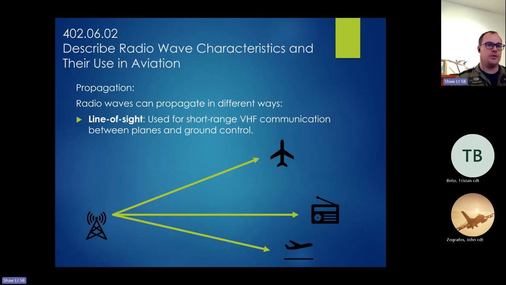Questions on radio frequencies? I don't think so. Maybe the one that they might want you to know is that 121.5 is the emergency or distress frequency for VHF. Maybe once you actually do the Transport Canada exam.